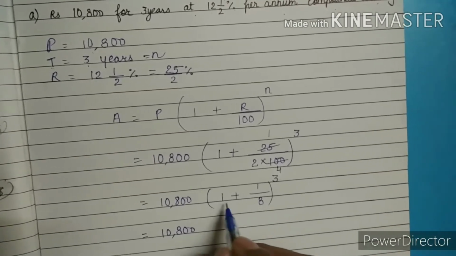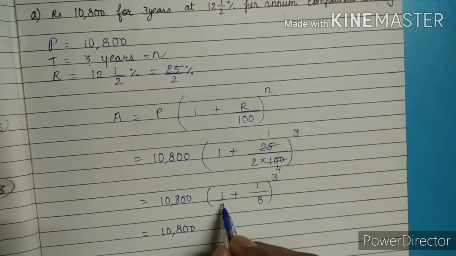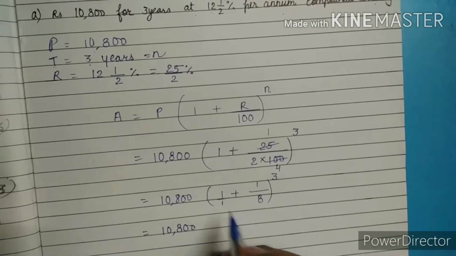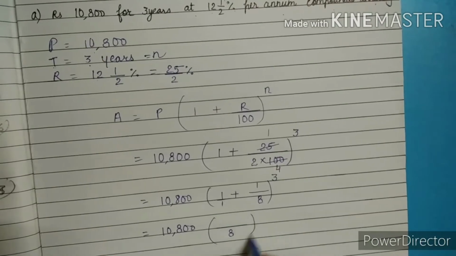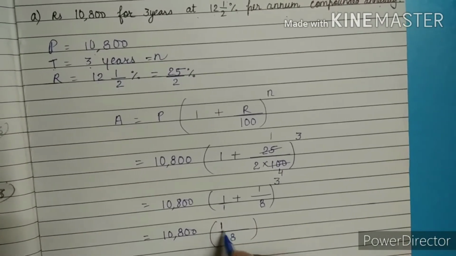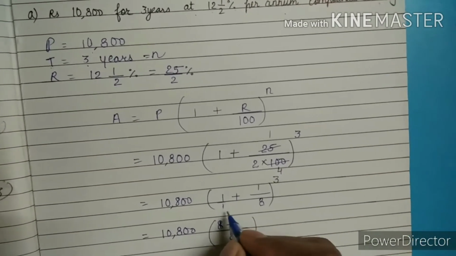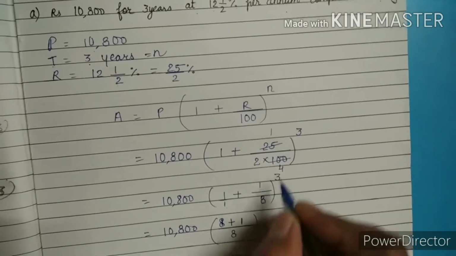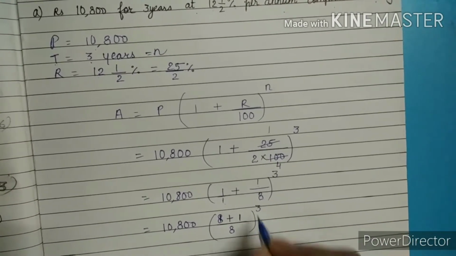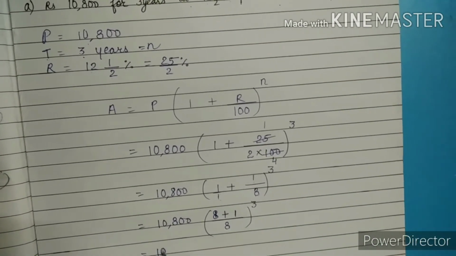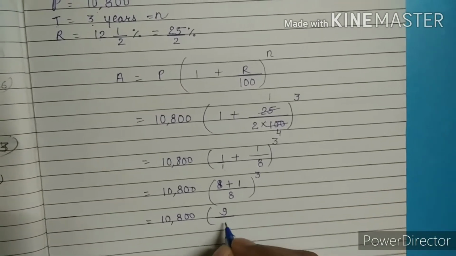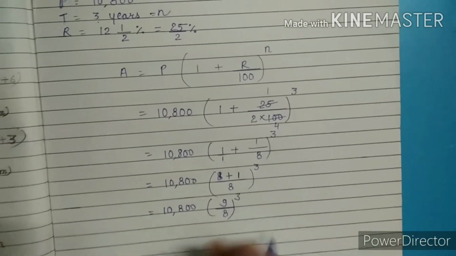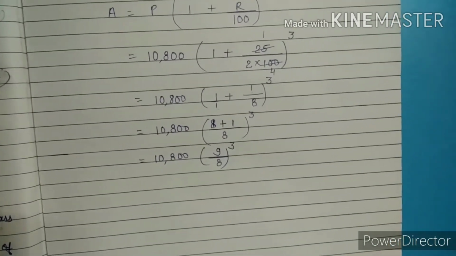When we do the cross multiplication, downside of 1 we have 1, so 8 as it is. 8 1s are 8 plus 1 1 is 1, whole power is 3. So it will give us 10,800, 8 plus 1 is 9, divided by 8, whole power 3.